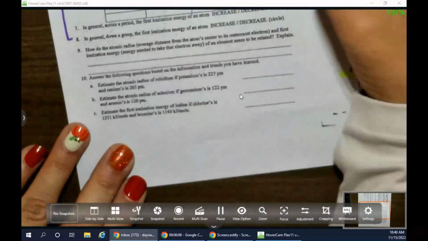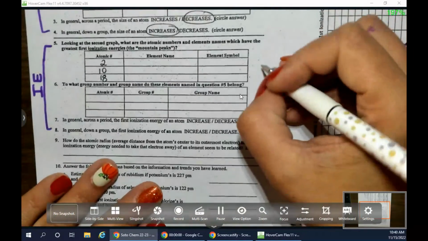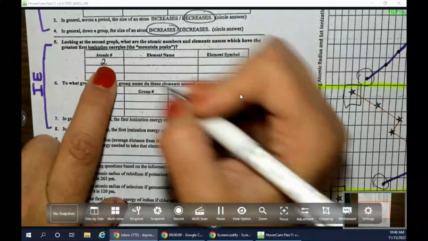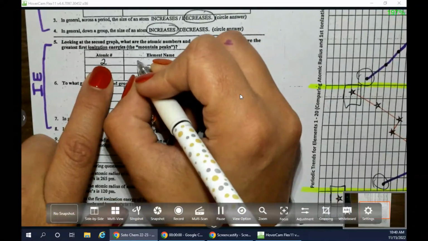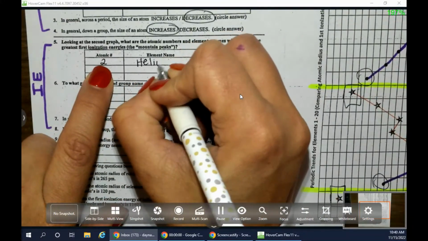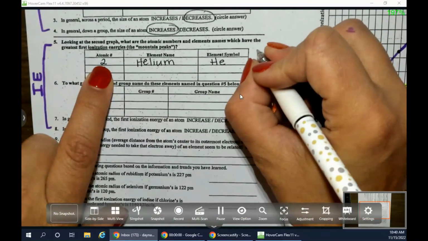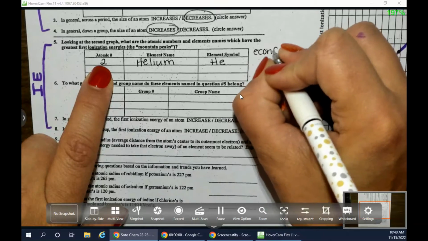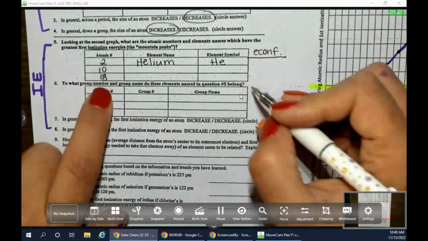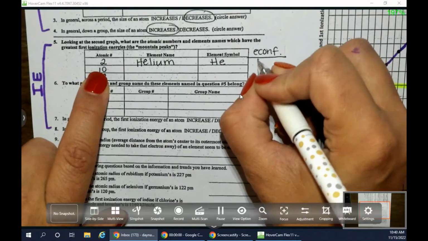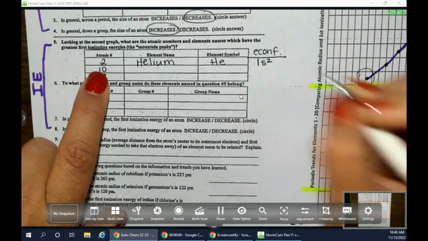You're going to do the same thing. And then for our electron configuration, let's just start with number 2. Number 2 is helium. Our element symbol is He. We'll go ahead and put our electron configuration because we can do that. We're going to have 1s2.